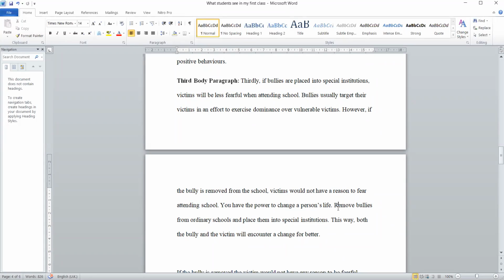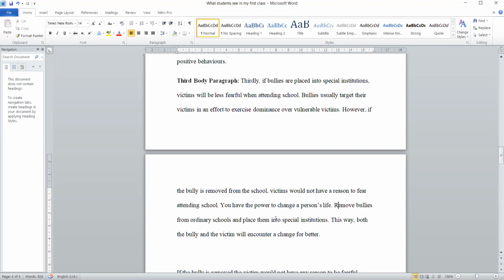All right, so that's how we would incorporate the direct personal appeal. You're addressing your reader to say that you have the power to change a person's life, remove bullies from ordinary schools, and place them into special institutions.